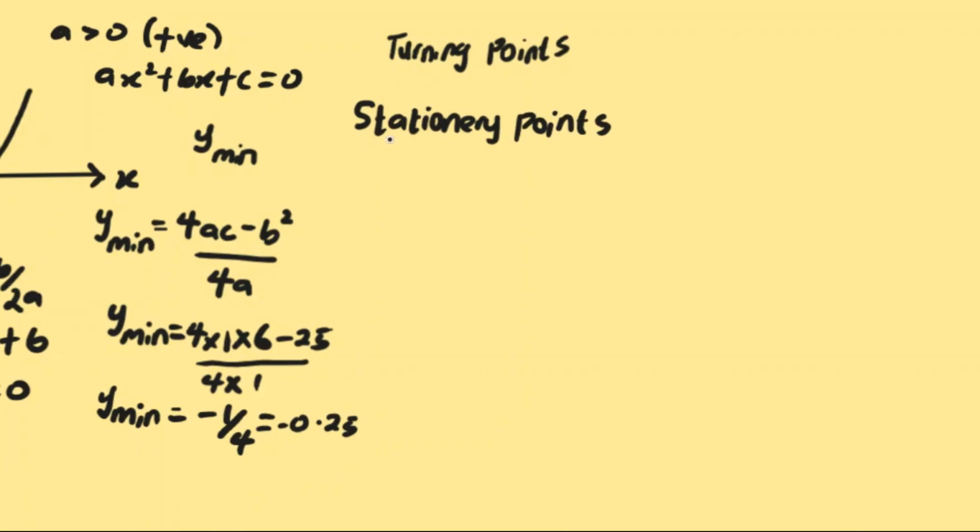As the word implies, stationary, that is, if you take a look at this curve, this U shape, when it gets to this minimum point, it appears to be stationary before it now changes direction back up. So, categories of stationary points include maximum points, minimum points, and we also have point of inflection.